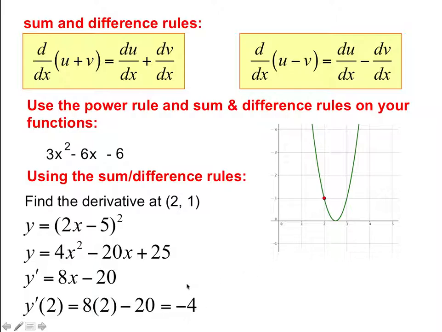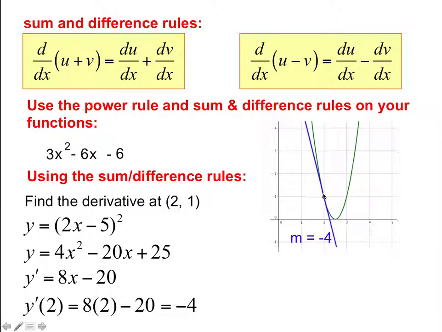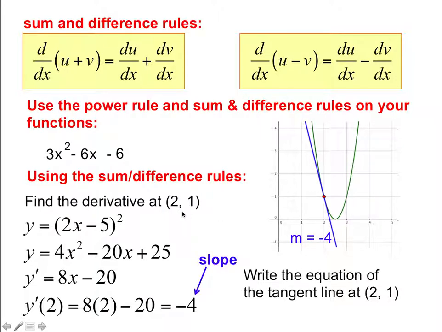So now that we have the derivative, or the slope, and we have a point, we can write an equation for a tangent line. So there's my tangent line. I just went down 4, right 1, to draw that tangent line. I actually went left 1 and up 4 because that was on the graph. But now we have our slope and our point, and we're going to put that into our slope point formula.